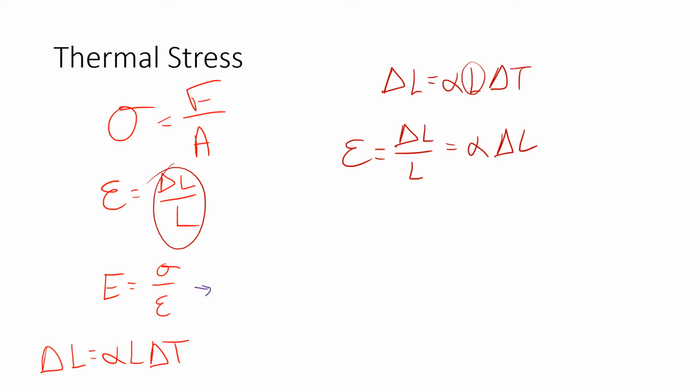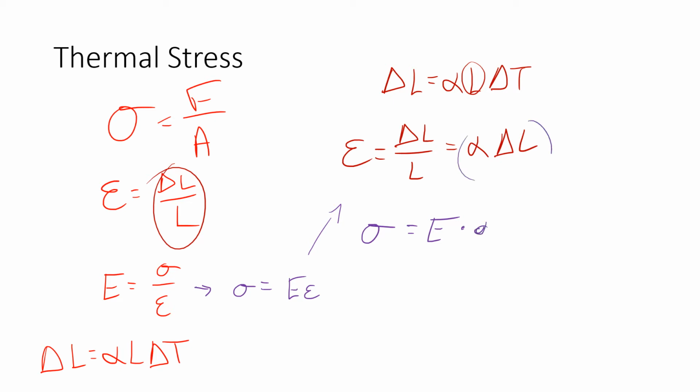Now, what we can do is take this and combine it with elasticity. We're going to change the formula just a little bit to get rid of the fraction. So stress is going to equal elasticity times strain. It's the same thing. But now we are going to combine it with this guy here. So we know that stress is going to equal elasticity times strain, but strain we already have an expression for right there.